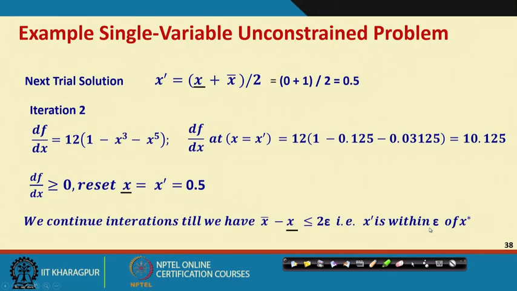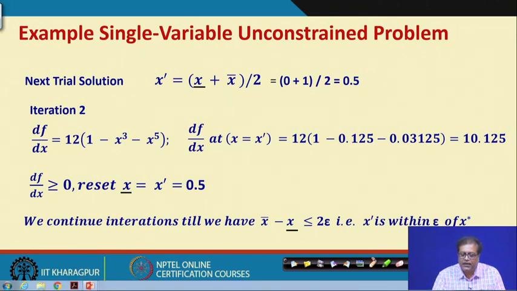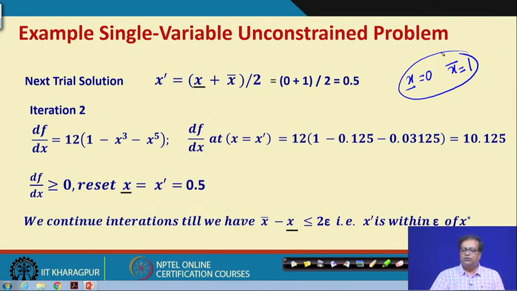Once we find the new value of x bar, now what happens? Please remember once again, x underline was 0, x bar has become 1, right. So, those are the values. Using those values, we can now find the next trial solution, that is x dash, and then we find 0 plus 1 by 2 equal to 0.5.